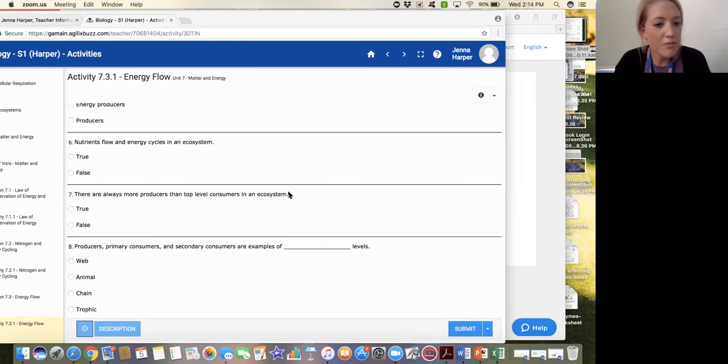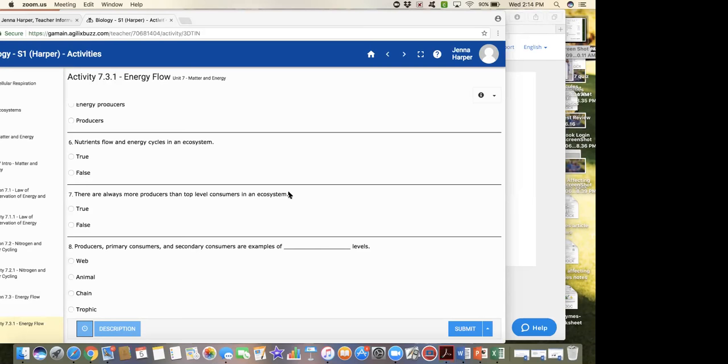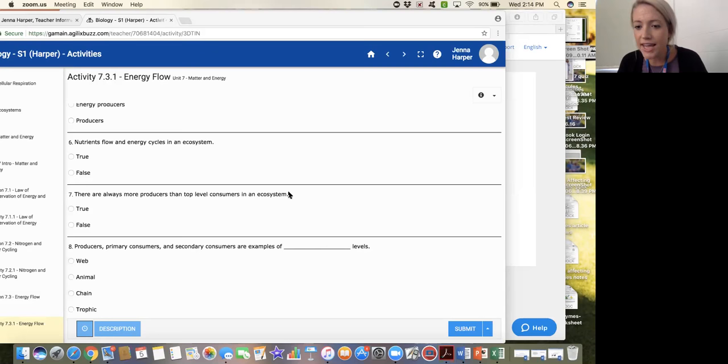Okay, number 8. Producers, primary consumers, and secondary consumers are examples of blank levels. We have web, animal, chain, or trophic. I've used this word a few times, but trophic, yes. Good job, Lillian. Yes, these are our trophic levels. Each one of those energy levels I just talked about is a trophic level.